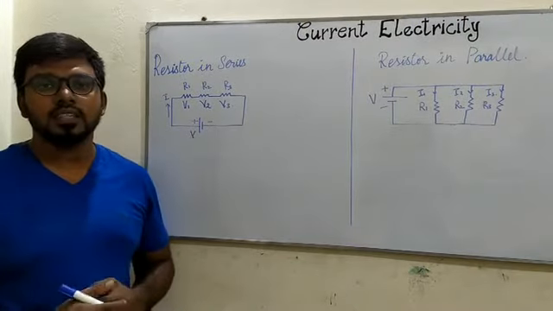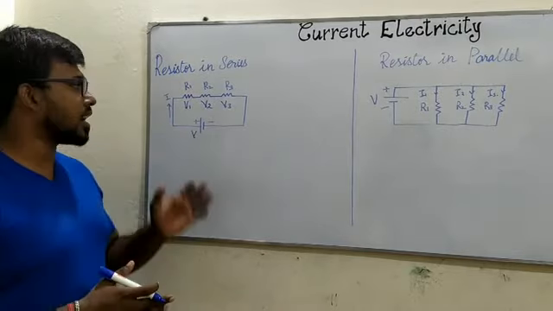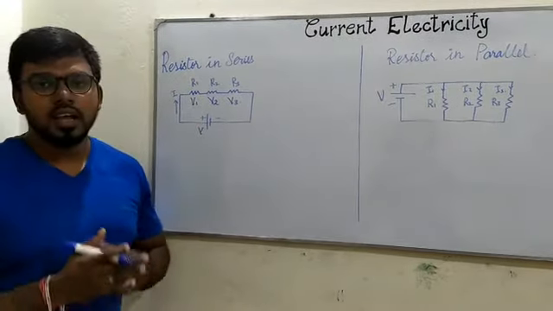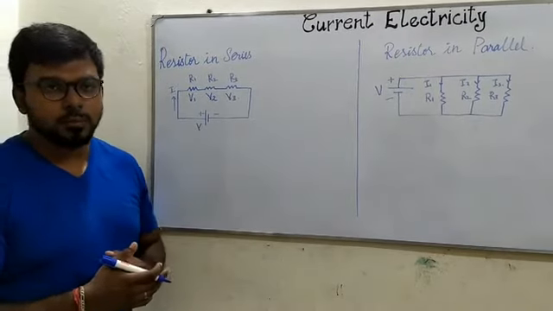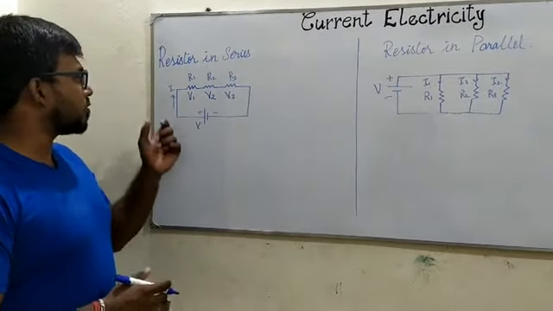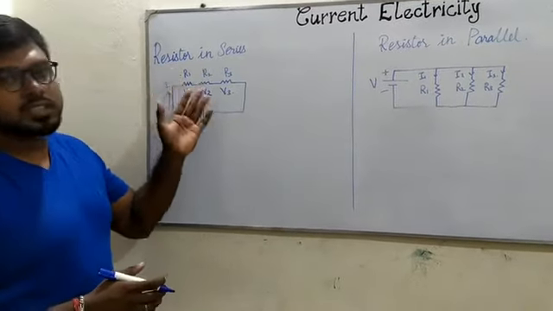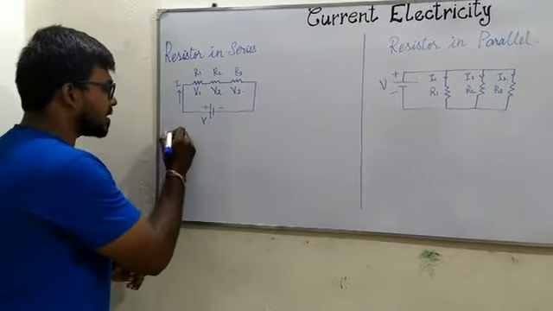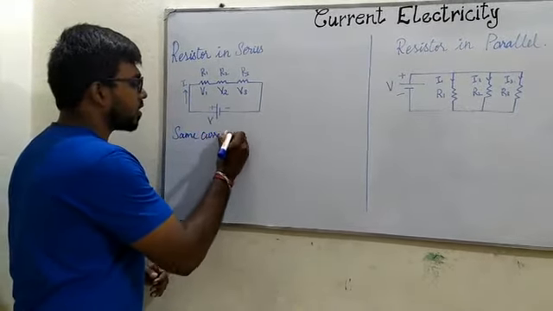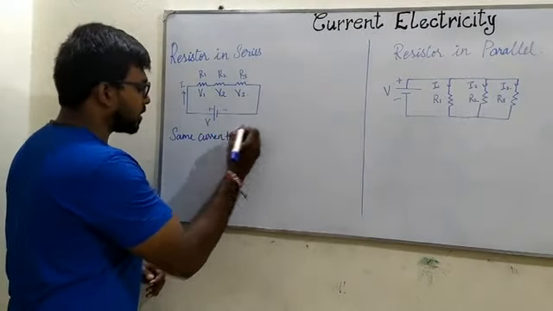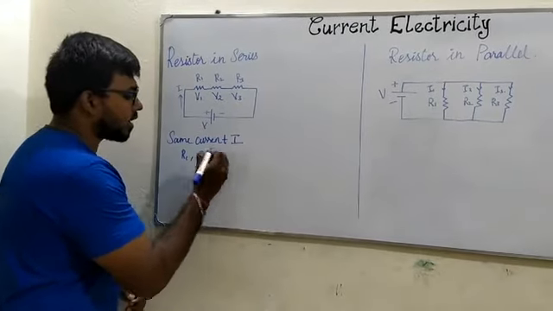The next topic is resistors connected in series. Consider three resistors R1, R2 and R3 connected in series to a battery of potential difference V. From the circuit diagram, we can say that the same amount of charge is passing through the three different resistors, which means the same current in the three resistors R1, R2 and R3.